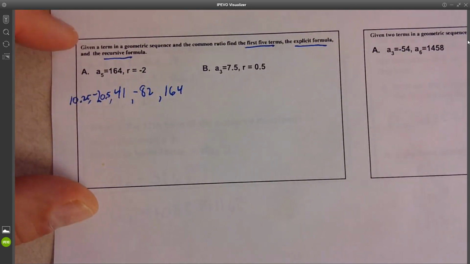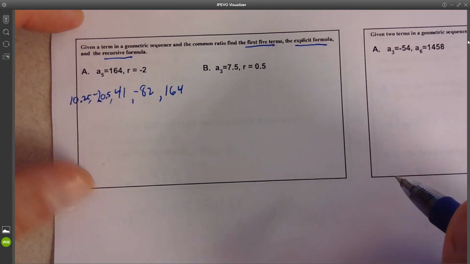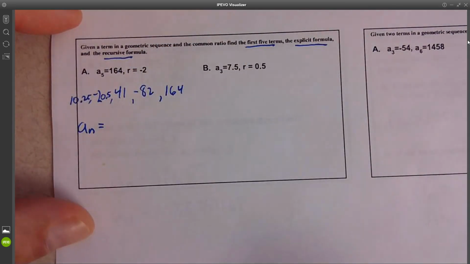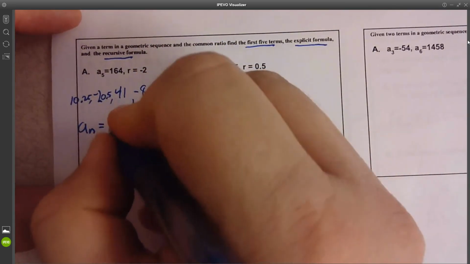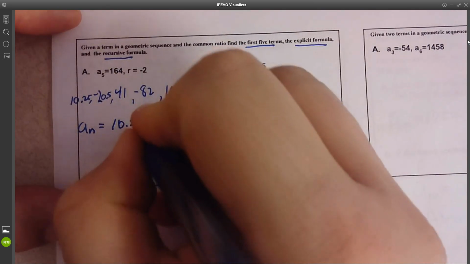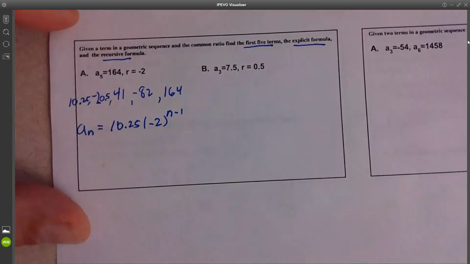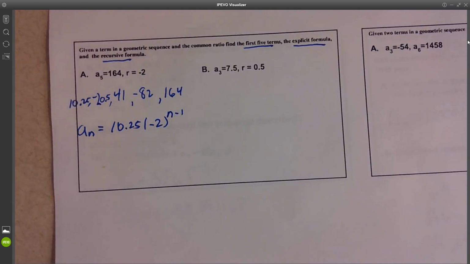We okay? Okay. So then I'm going to go ahead and give the explicit formula. A sub n equals, where do we start? 10.25. And what are we doing? We're multiplying by -2 each time. Good catch. So there's my explicit.